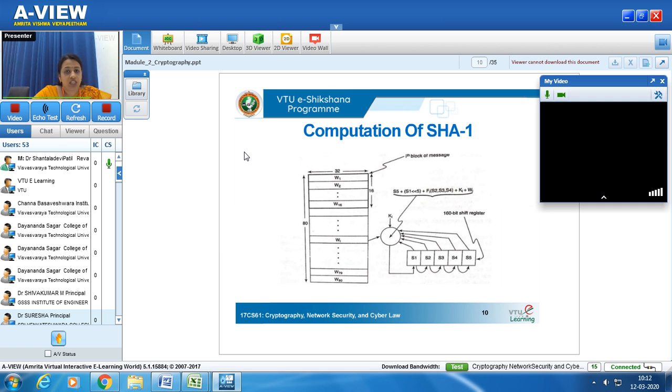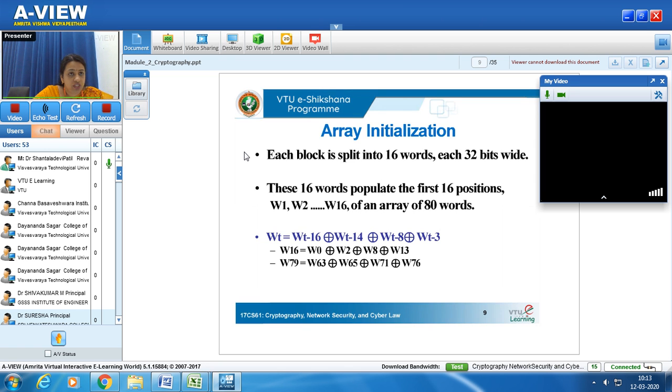As told earlier, W1 to W16, that is the first 16 words, are directly obtained from the block. So now the question is, how do we obtain the words from W17 up to W80? For that we use this equation.